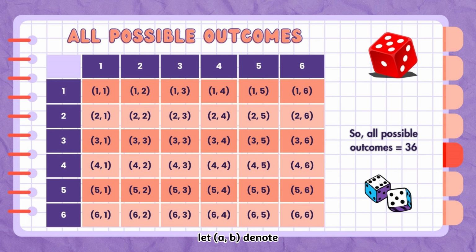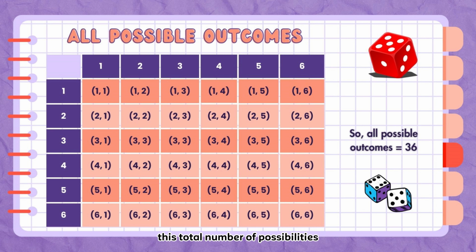Let (A, B) denote a possible outcome of rolling the two dice, with A the number on the top of the first dice and B the number on the top of the second dice. Note that each of A and B can be any of the integers from 1 through 6. Here is a listing of all the joint possibilities for (A, B). From the table, we got that there are 36 possibilities for (A, B).